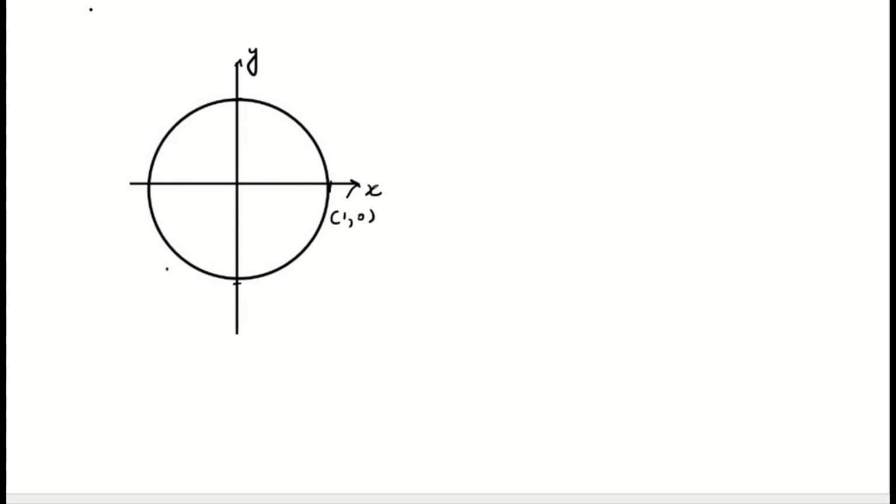Here we have 0 and minus 1, because y-axis is minus 1 and x-axis is 0. Here we have 0 and 1, x-axis is 0 and y is equal to 1. Here we have minus 1 and 0, because x-axis is minus 1 and y-axis is 0 at this point.